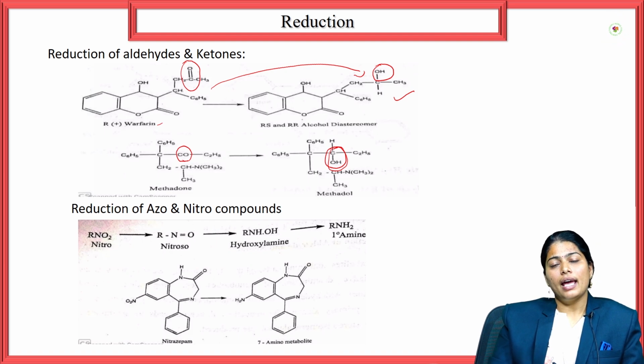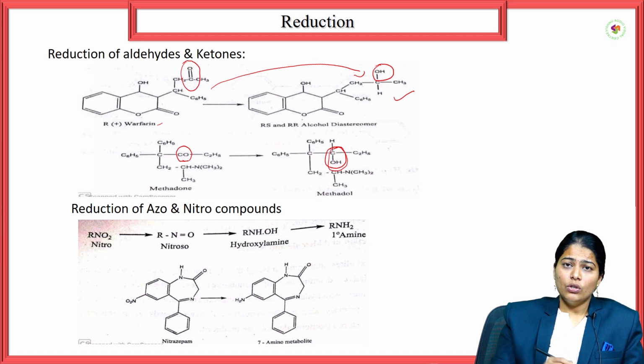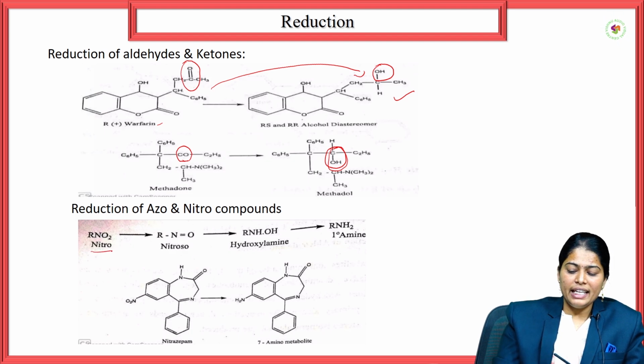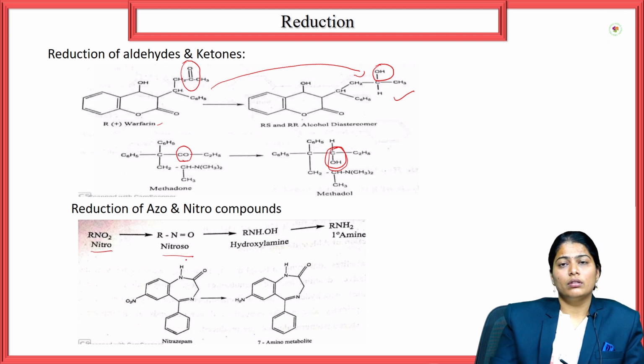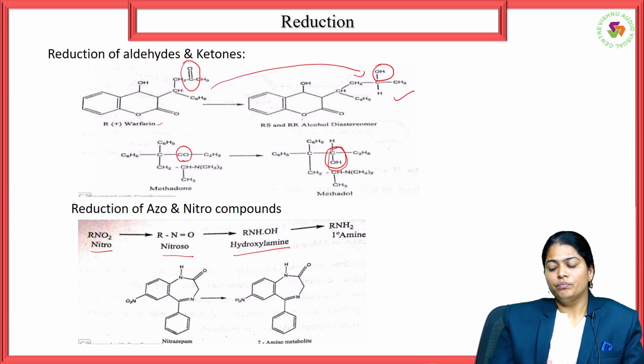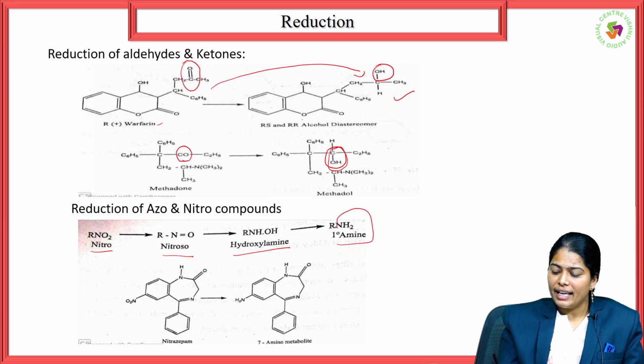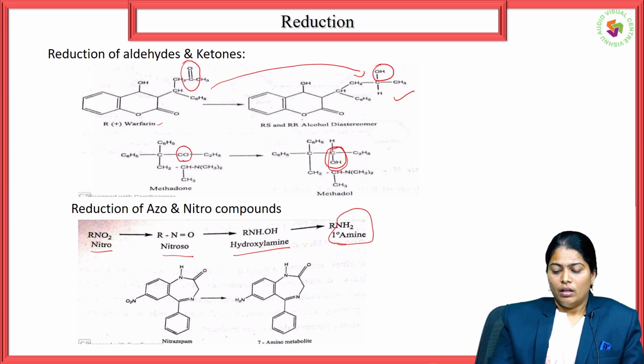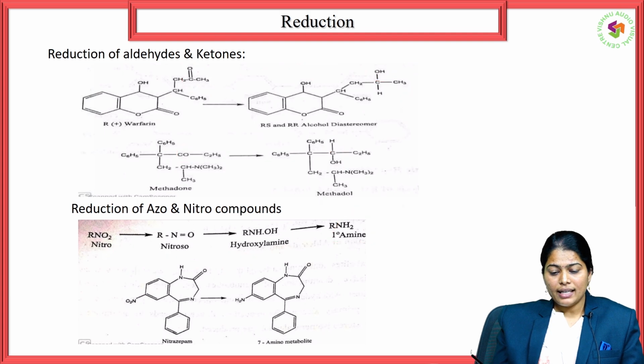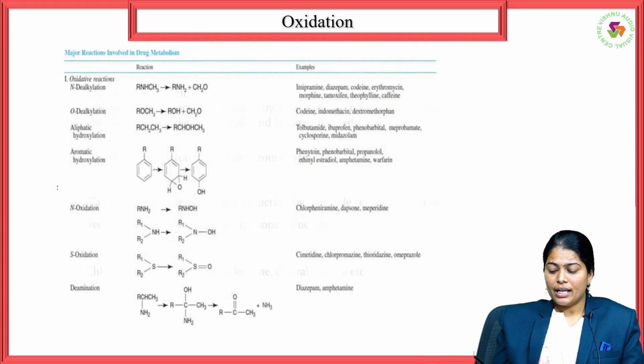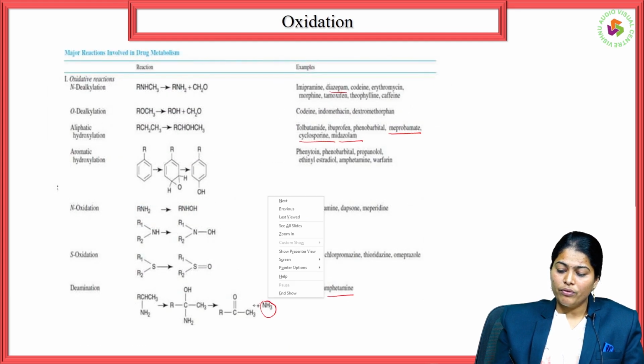Next, reduction of azo and nitro compounds. In nitro compounds, initially it is converted into nitroso, later on hydroxylamine, then the amine is released. Previously we discussed deamination reactions, where the NH3 group was released.